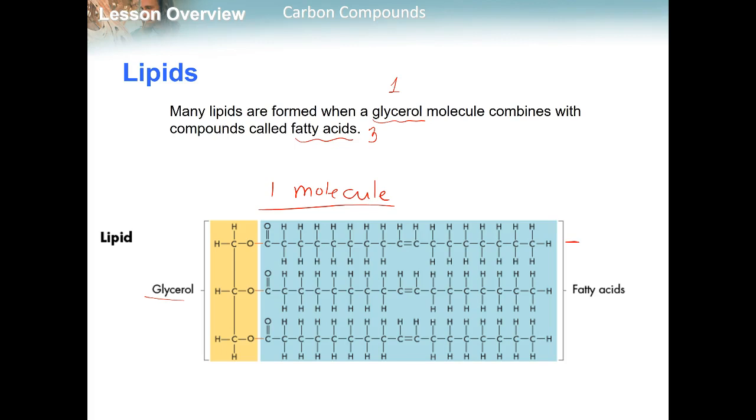When I look at the bonds and keep in mind that there's energy stored in bonds, there's a heck of a lot of energy in that lipid molecule. And when I think, can I break this down with water? There's just too many bonds to break down with water. It's much easier to break up a polysaccharide or a monosaccharide or a disaccharide, because they're much smaller, when one molecule of a lipid is going to have all of these carbons and hydrogens and bonds inside of them.